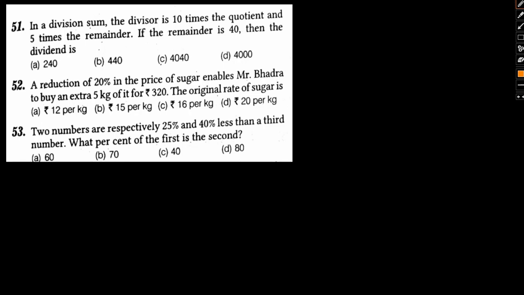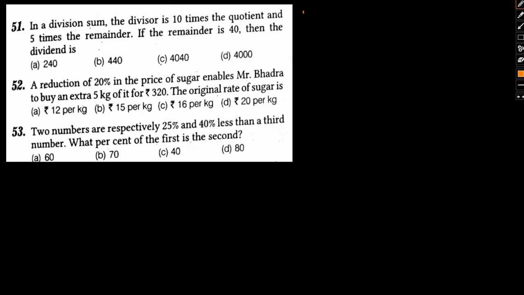In a division sum, the divisor is 10 times the quotient and 5 times the remainder. If the remainder is 40, then the dividend is. So let's take a look. It's given the divisor is 10 times the quotient and 5 times the remainder. Okay.